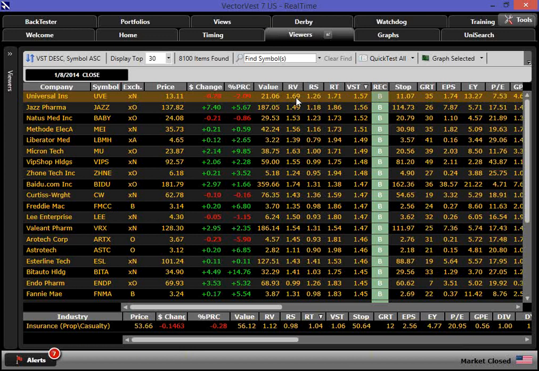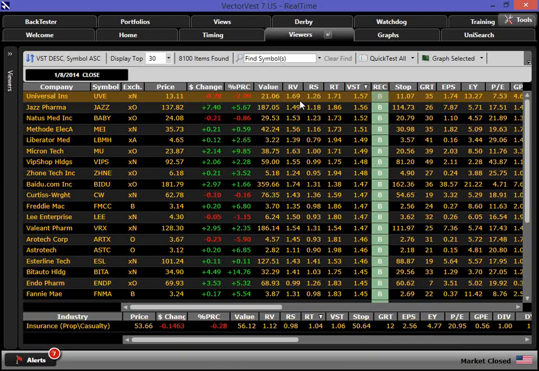All I know is that earnings were up over the last 3 quarters, but was it up over 6 months ago? I don't remember. So what the VectorVest system is doing is giving us information, and to make that easy to understand, we use this convention where we use a 0 to 2 scale. So 1 is neutral, and so it is with our RV, RS, RT, and VST indicators.